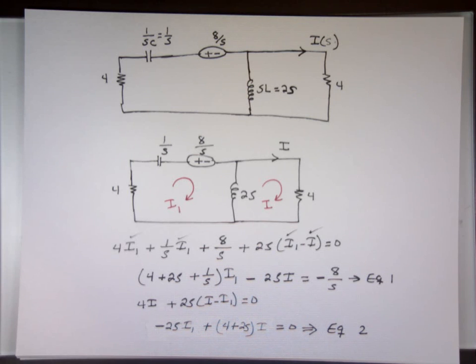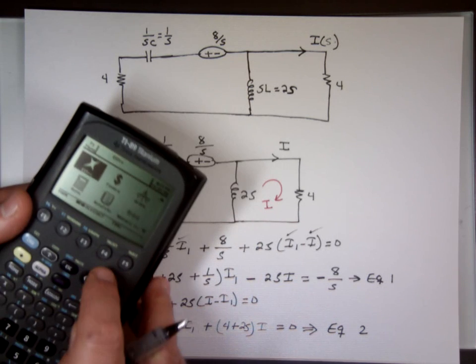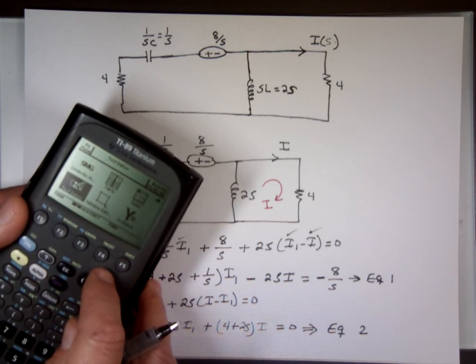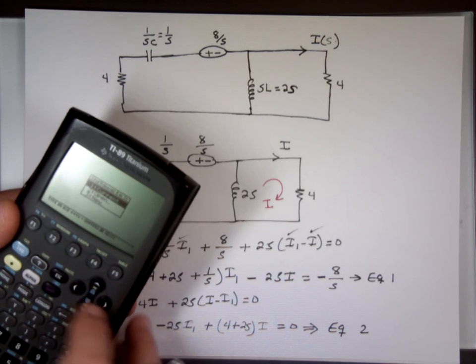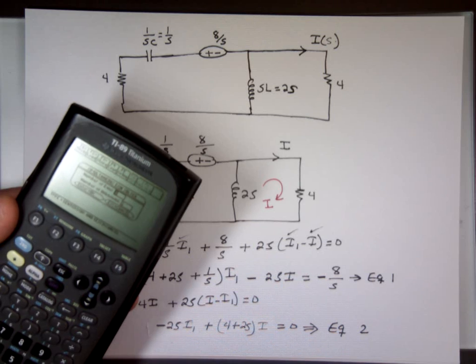Again, I'm going to pull out my calculator and use what Joe showed me last time. Let me find where that button is. Here we go. New, two equations by two unknowns.